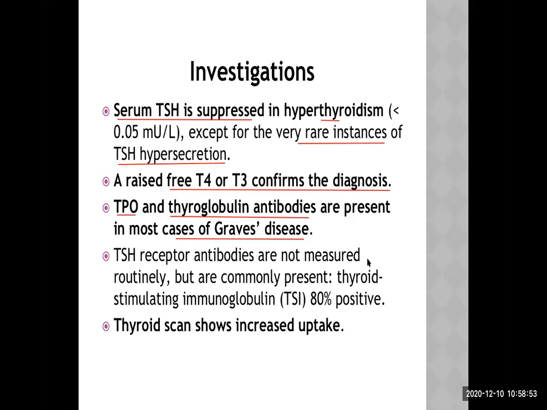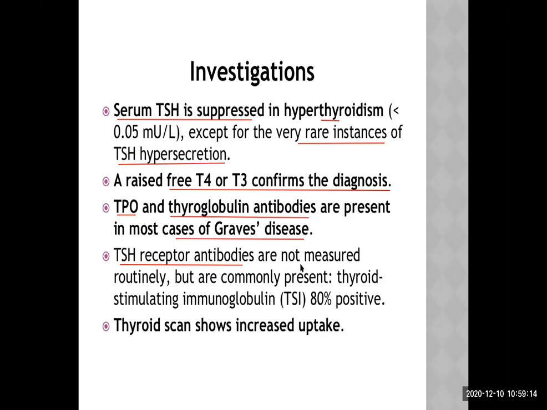That's it. Now see here, thyroid peroxidase (TPO) antibody and anti-thyroglobulin antibody are mainly blocking type, or inhibitory type. But still they are present in Graves' disease.